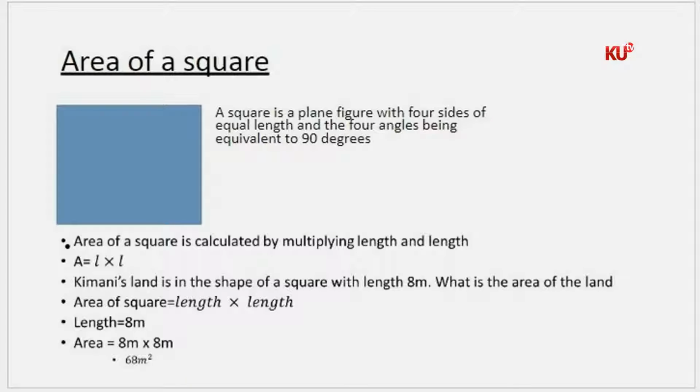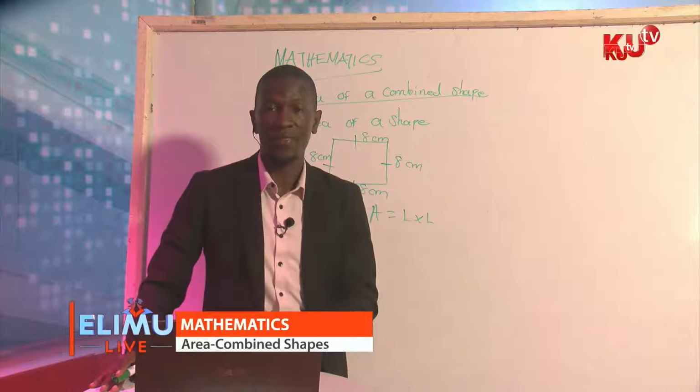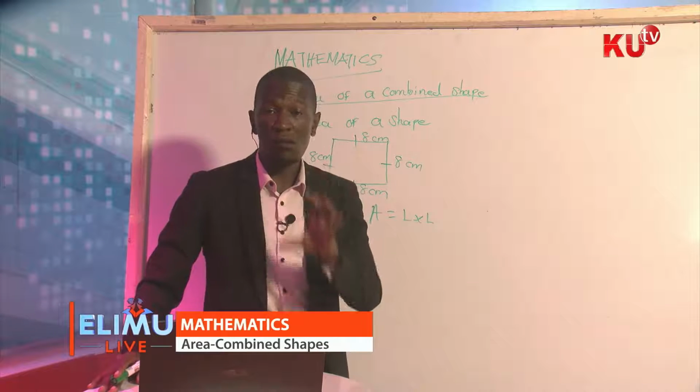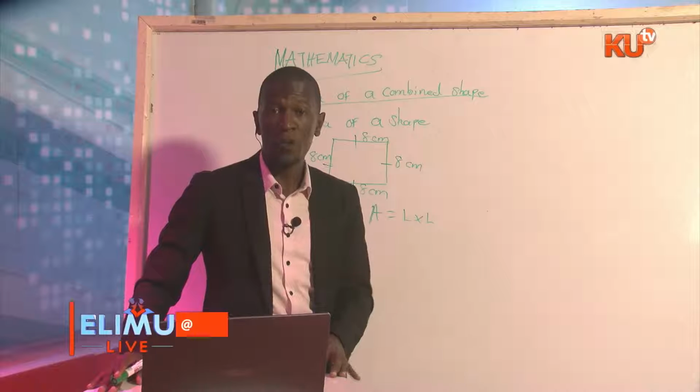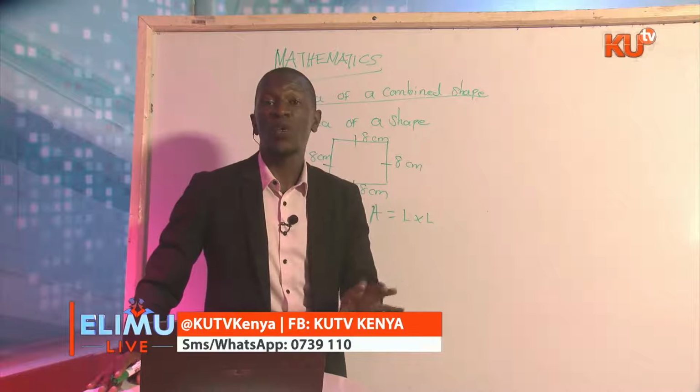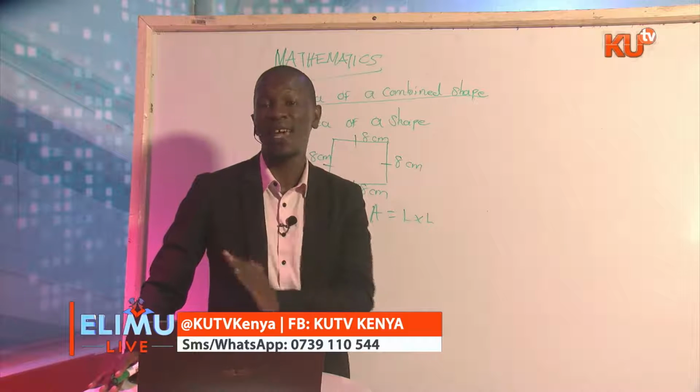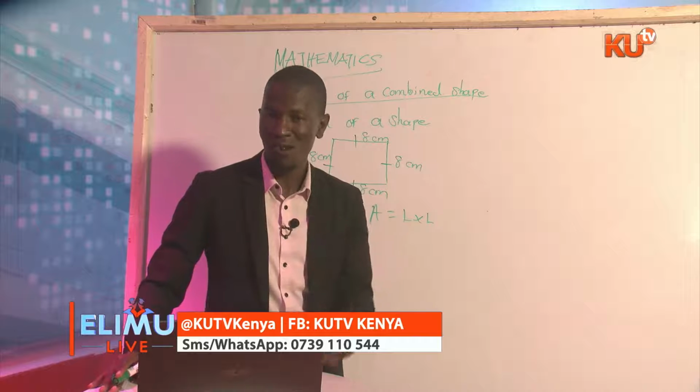I have said the formula of finding the area of a square is length times length, simply because all sides are equal. You can as well say the area of a square is side times side. You will not be wrong.